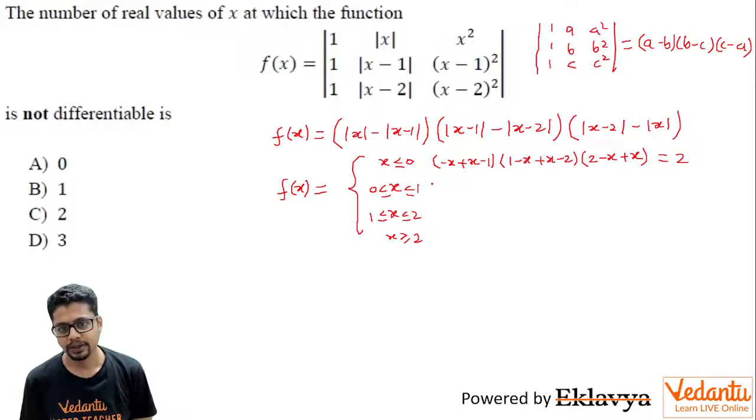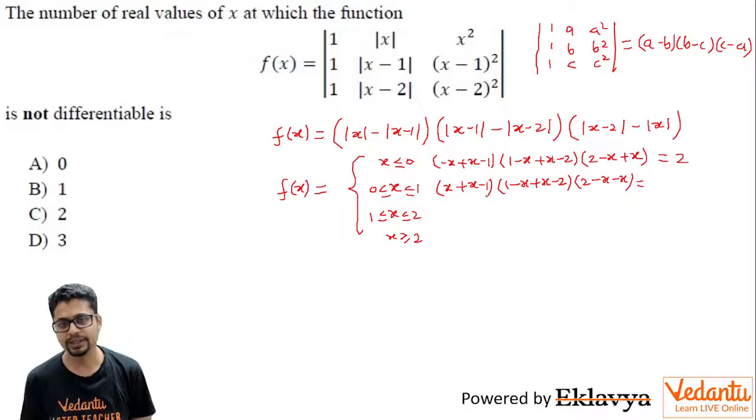What about here? Here mod x will open with plus sign, and mod of x minus 1 and mod of x minus 2 will open with minus sign. So you have x, since this will open with minus sign, plus x minus 1. Here both of them will open with minus sign, so 1 minus x plus x minus 2, and here this will open with minus sign and this with plus sign, so 2 minus x minus x.